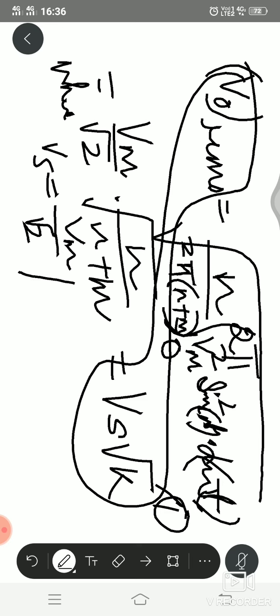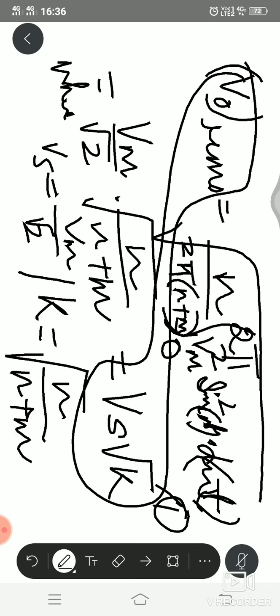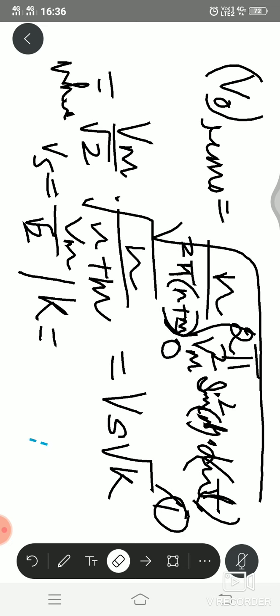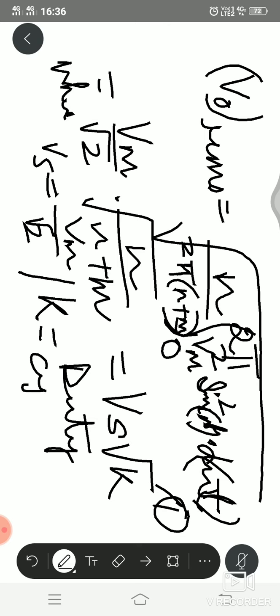And k stands for n by n plus m. k stands for the duty cycle of AC voltage.